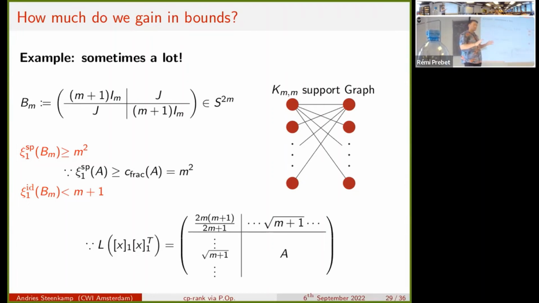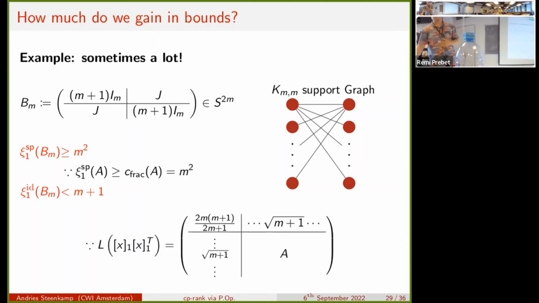It's a bit technical, but you just massage it, show it's feasible, and this expression is less than n plus 1, an easy comparison. So in summary, the sparse hierarchy can do quite a lot better than the dense one, of course, if you have sparsity to exploit.